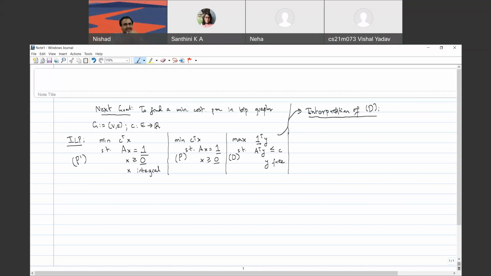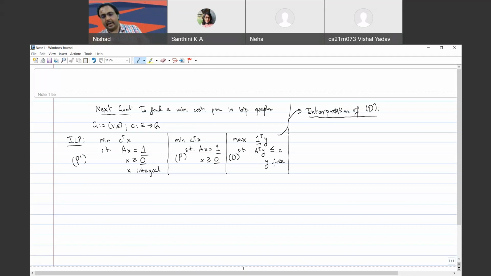These are the labels. Okay, so for each vertex we have a label which is the corresponding dual variable. They are real numbers, right? And what are the constraints we want to satisfy? Sum of the labels less than equal to cost of the edge.